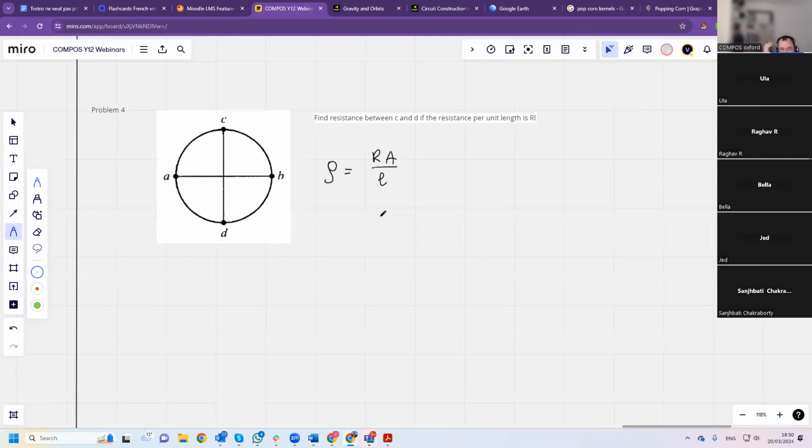Sort of, this is the idea. However, there is another value: resistance per unit length is simply the resistance per unit length.